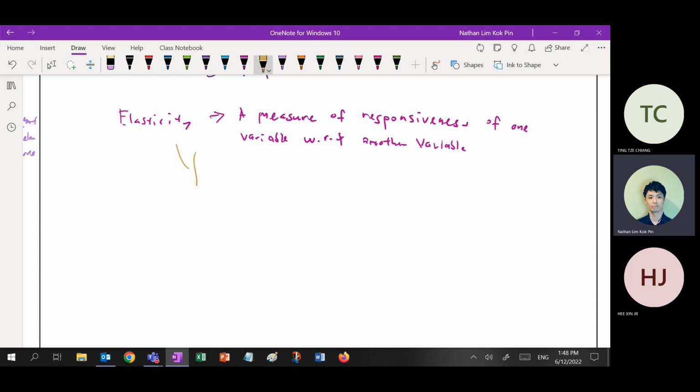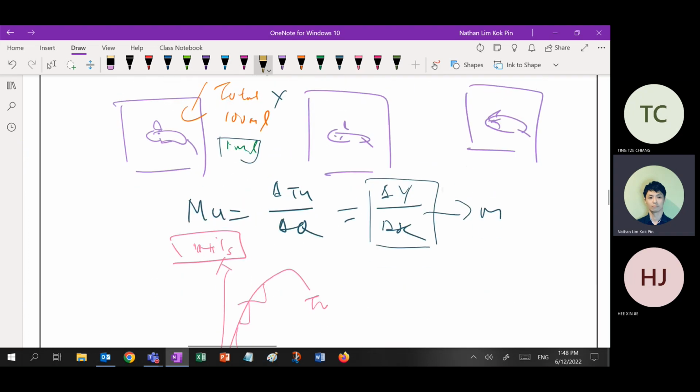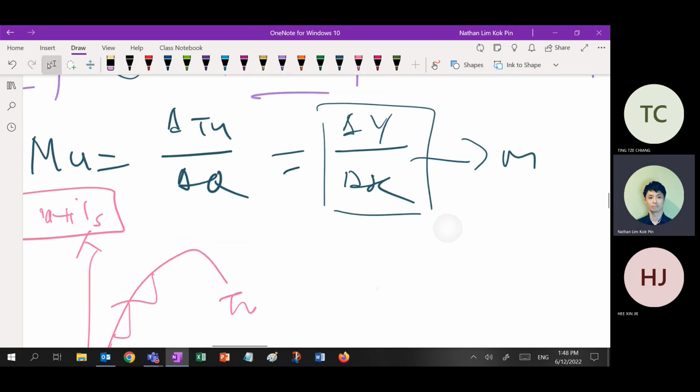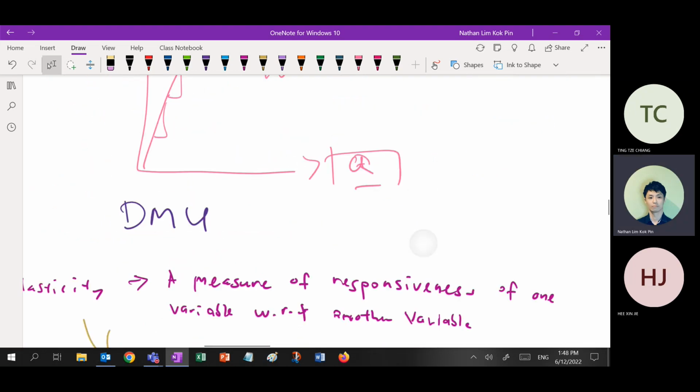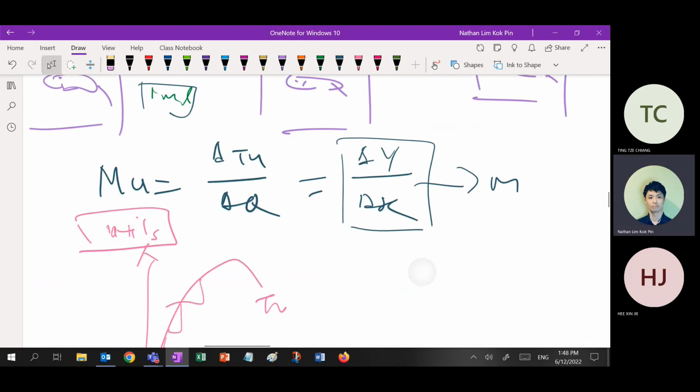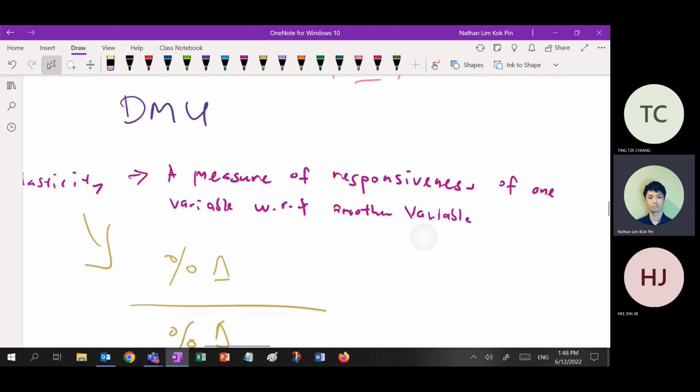The elasticity formula is like that. It's always percentage change of something over percentage change of something. You just need to remember the general form. Is it different from gradient? Is it different from marginal? Look at this symbol, percentage change and this plain change. Yeah, it's different.